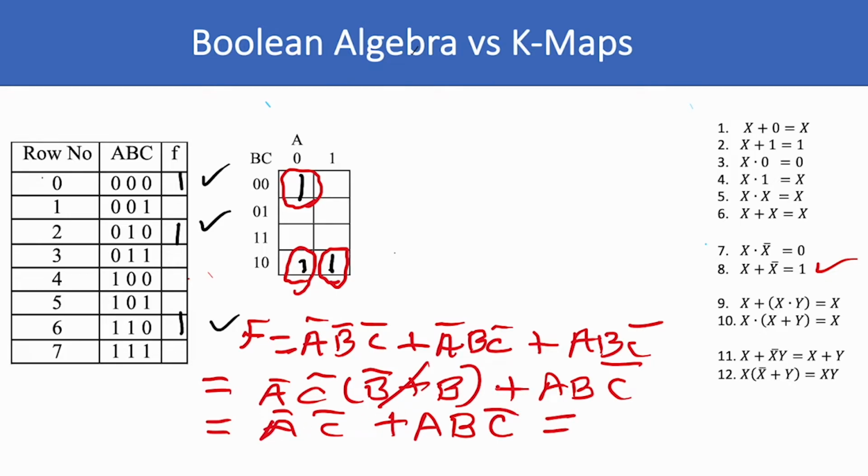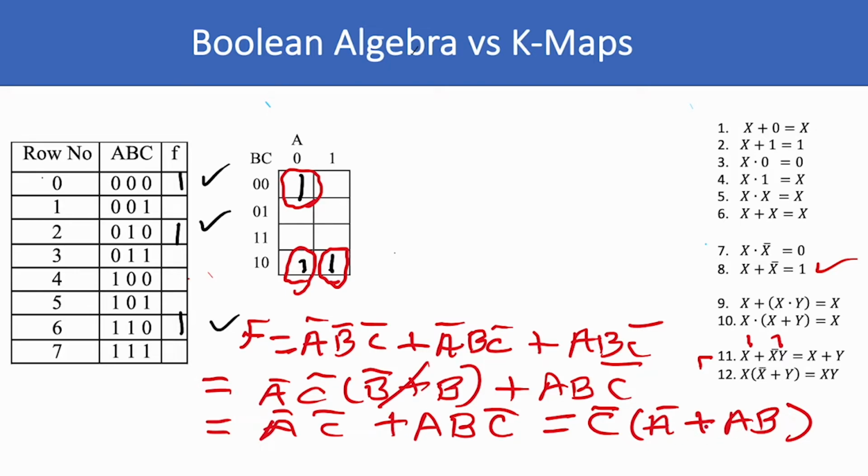So we're going to factor out a c bar, and we're going to get a bar plus ab. This looks familiar. Let's look at number 11. This says if you have the variable plus its complement times another variable, it's just equal to that variable plus that other variable. Here we have a bar, that's the variable, and the complement of a bar is a.